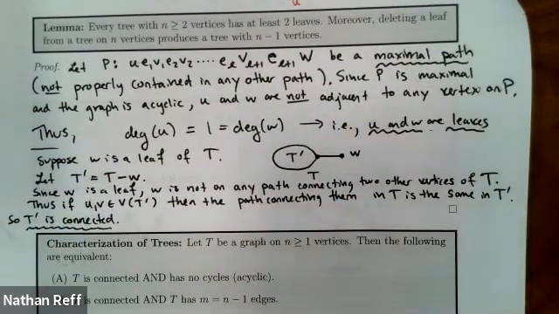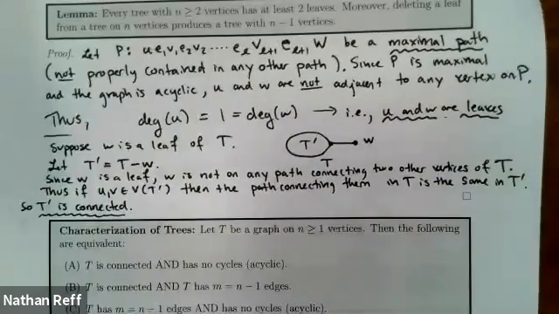How do I know that it's acyclic? Yeah, the original tree T is acyclic, right? So if I delete the vertex, am I adding cycles in? No, so it'll be acyclic. That's pretty much the argument. If the original tree is acyclic, deleting that vertex is not going to magically add cycles, so it'll still be acyclic.